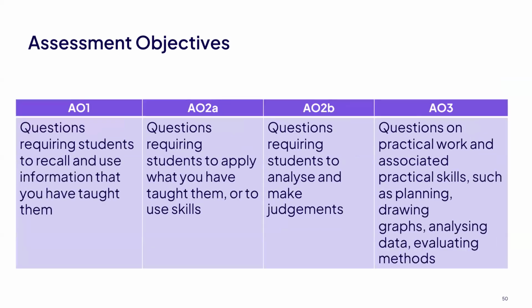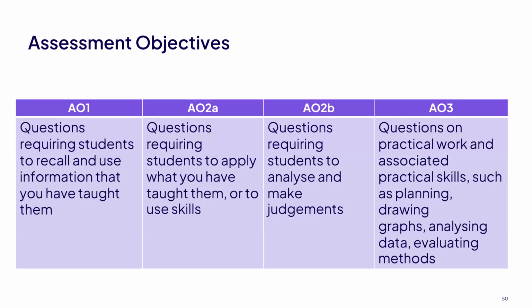The types of questions that the students will be faced with will be in AO1, questions requiring students to recall and use the information that you've taught them, and also the basic understanding that they're required from the specification statements in the specification itself.